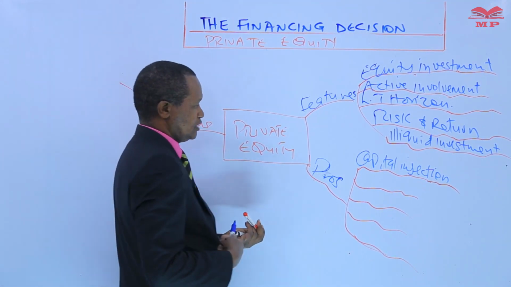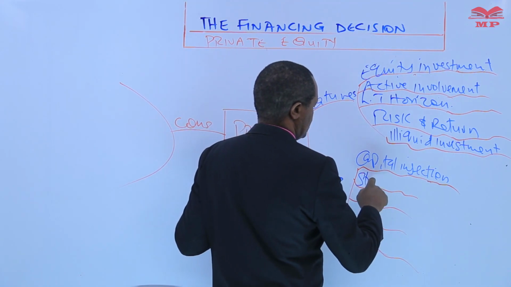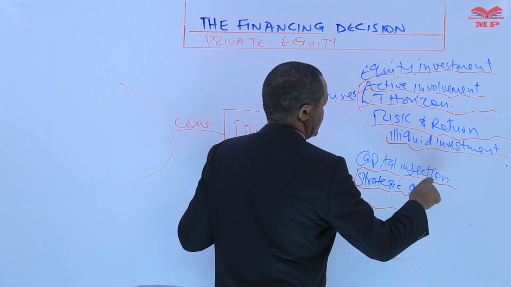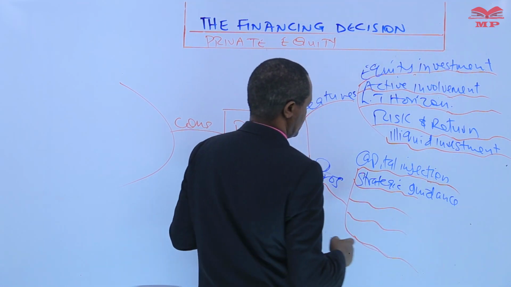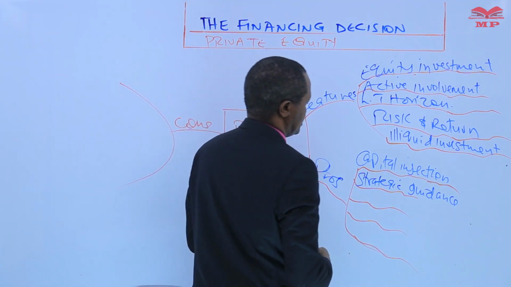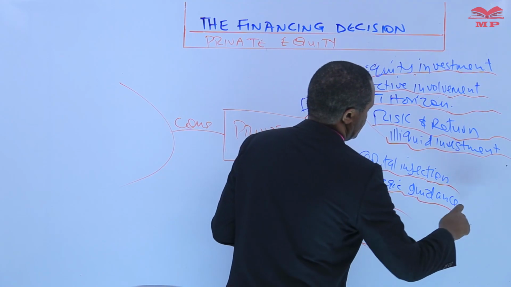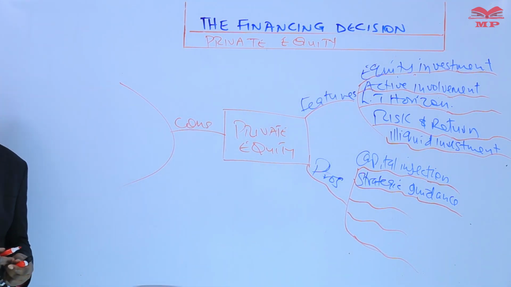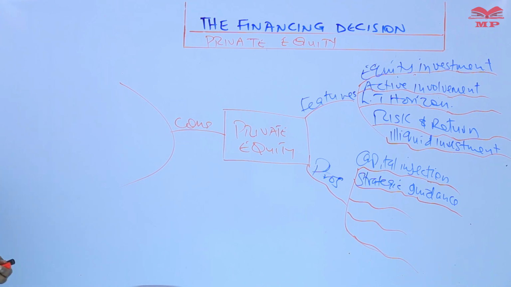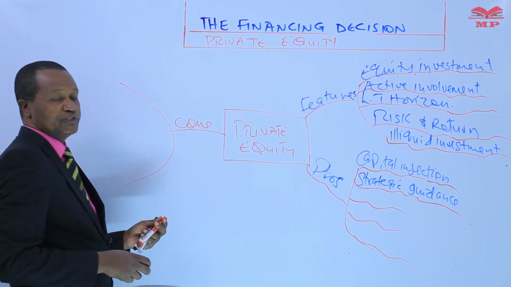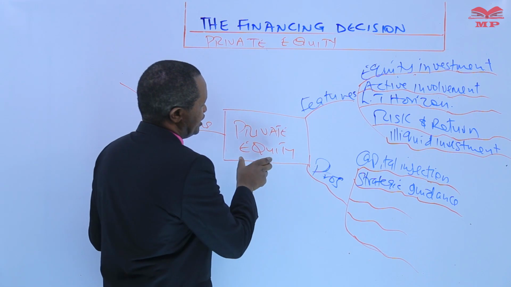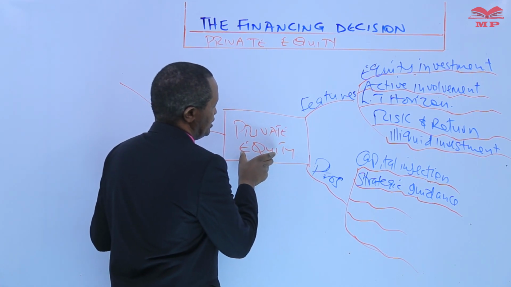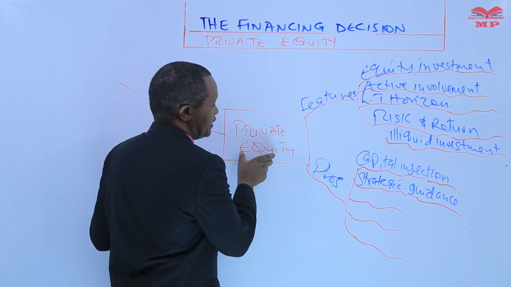Strategic guidance. That is advantage number 2. Now, private equity firms bring expertise. Remember, we say that private equity is equity that is provided by private equity firms.